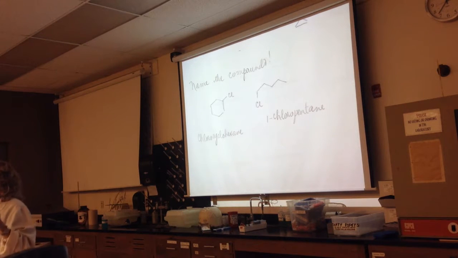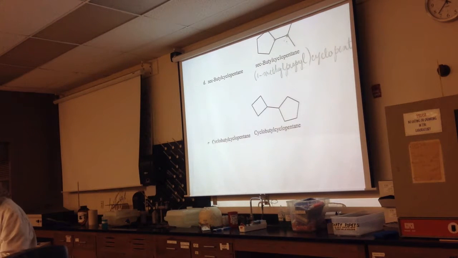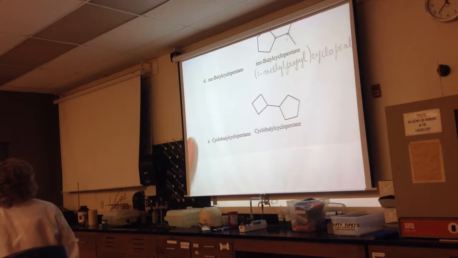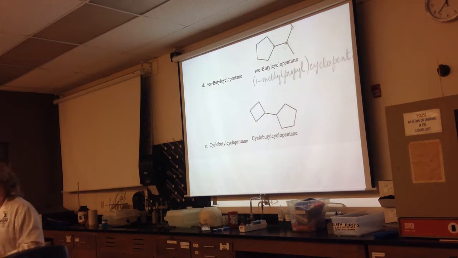Okay, so the 1 will give you points or will take away points. All right, the last in this story, which was the cyclobutyl cyclopentane, will be that. And there was no other way of drawing that one. That one seemed to be easy enough, right? Everybody okay? No questions about discussion number 3?